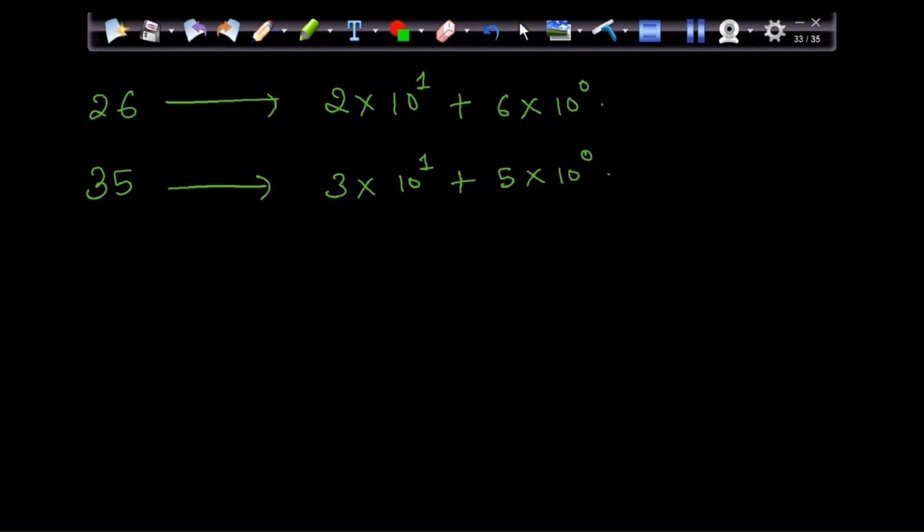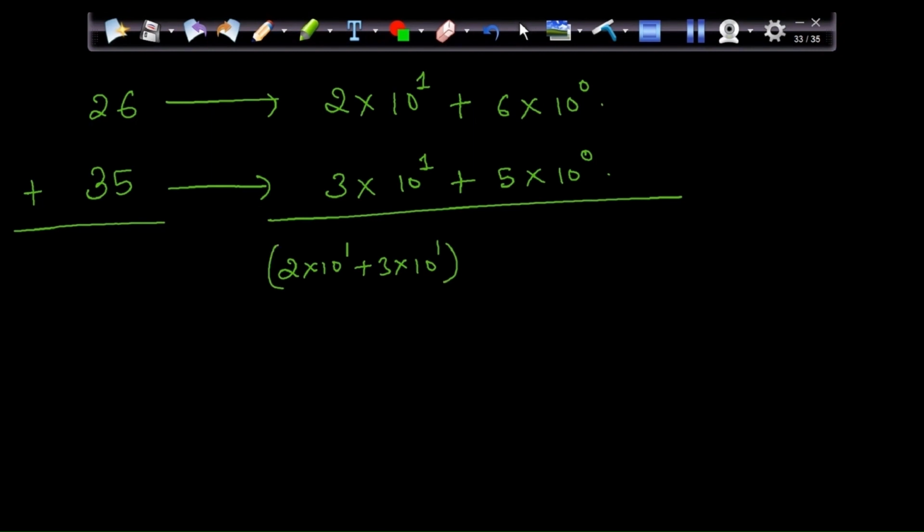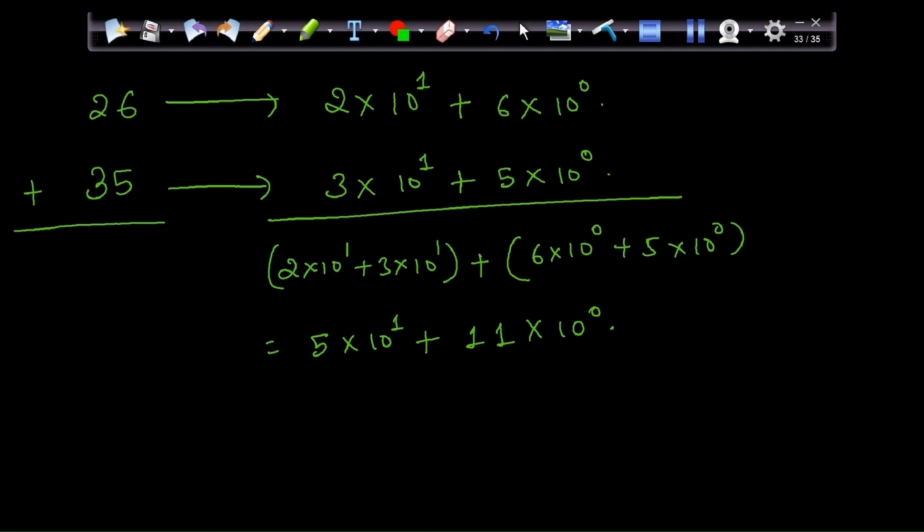Right? Now when you are performing this addition, it is 2 into 10 to the power 1 plus 3 into 10 to the power 1 plus 6 into 10 to the power 0 plus 5 into 10 to the power 0. So this is going to be nothing but 5 into 10 to the power 1 plus, 6 plus 5 is what? 11. Right? 6 plus 5 is 11 into 10 to the power 0.